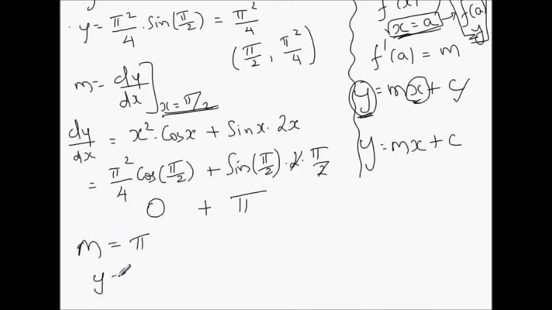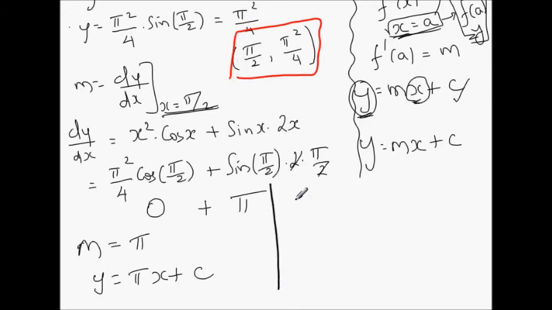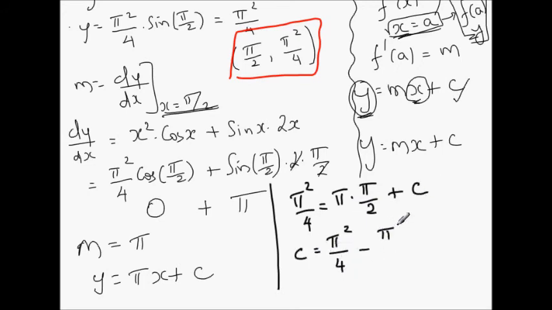So the equation is y equals pi x plus c. Now to find c, I'm going to use these coordinates, which means pi squared over 4 equals pi times pi over 2 plus c, which means c is pi squared over 4 minus pi squared over 2, which becomes minus pi squared over 4.